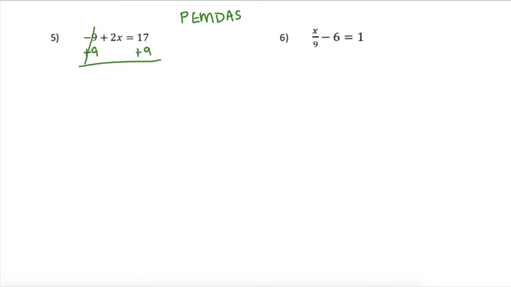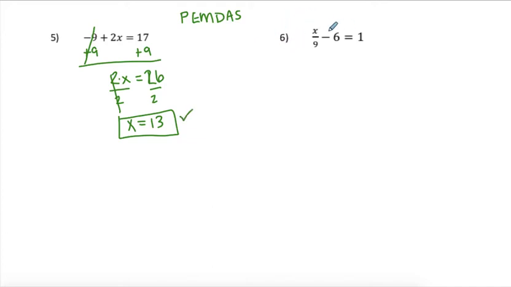Negative 9 plus 9 actually adds to 0, leaving me with 2x. 17 plus 9 is 26. And once I have that, now I'm undoing my multiplication with division, and I get x equals 13. Check our work, again, by plugging it in, making sure that I get 17 as my correct answer.